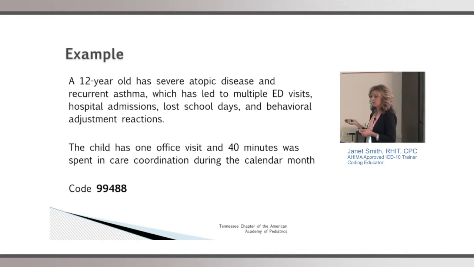The code reported would be 99488. In this case, the office visit is included in this 99488. Were the child to come in another day during the calendar month, in addition to this scenario, you could report an additional E&M code, like 99213-214.